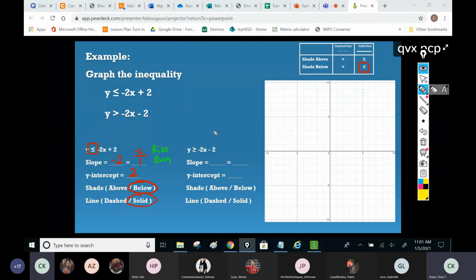For the second inequality, the slope is -2, which makes -2/1. Now we have the rise and the run. The y-intercept is -2. The symbol is greater than or equal to, so we need a solid line, shaded above.